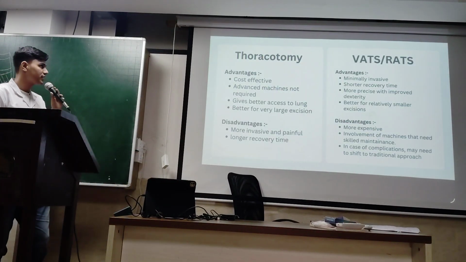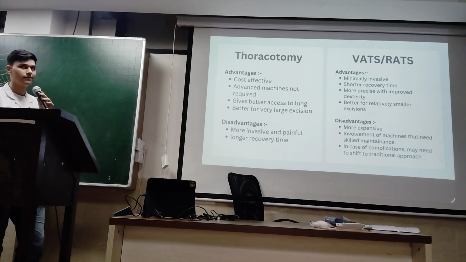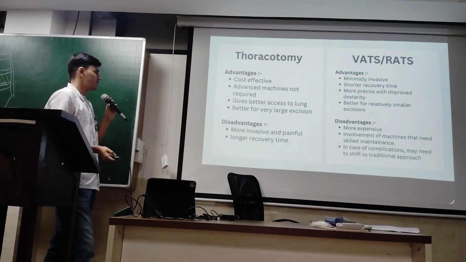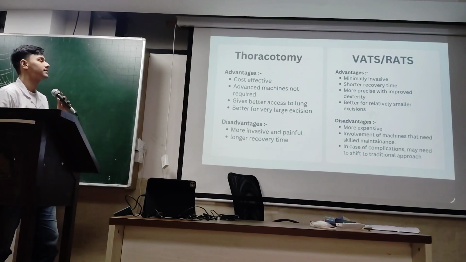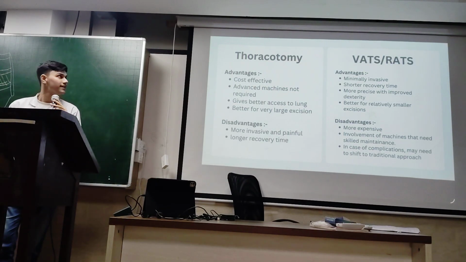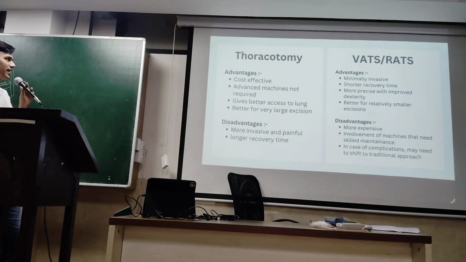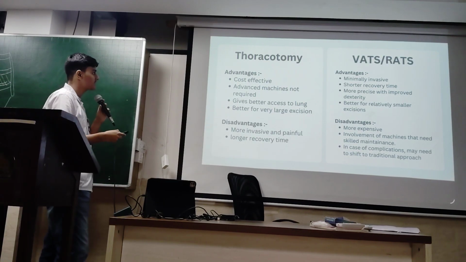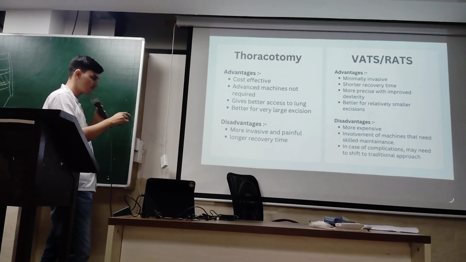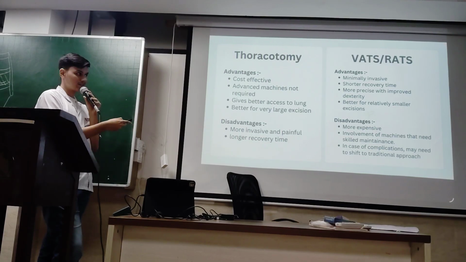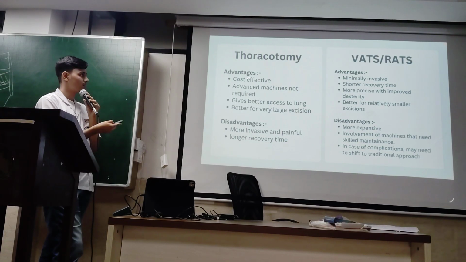This is a comparison between thoracotomy and VATS or RATS, as I'll be calling them now. VATS and RATS are like Gen Z, and thoracotomy is their parents. Parents are firstly simple, cost effective.